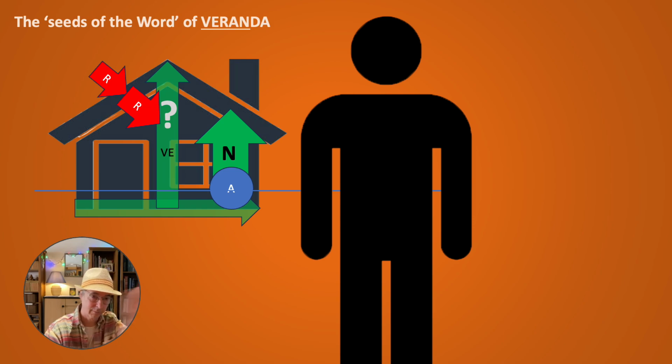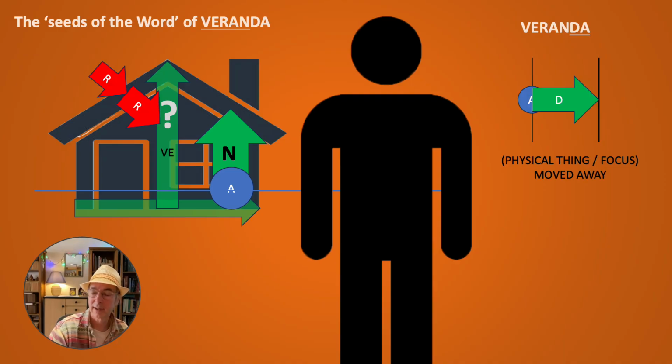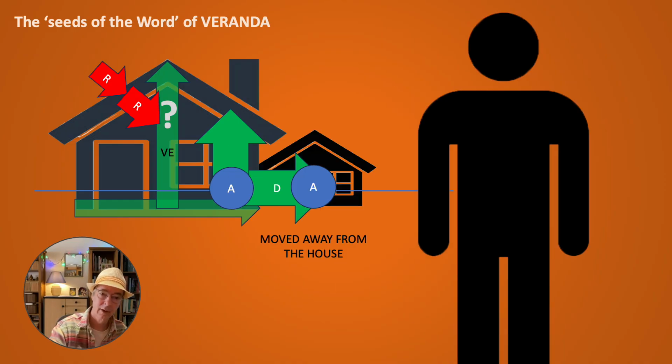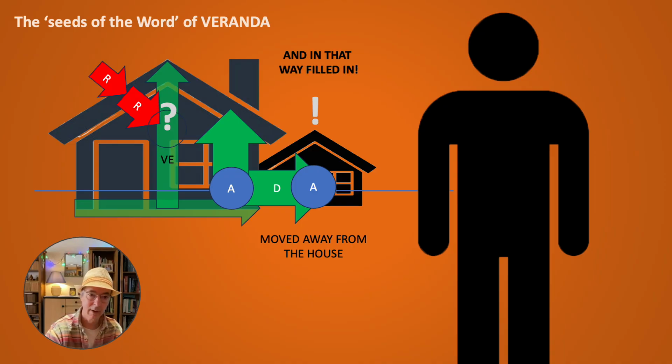First I will position myself well, so here I'm looking at veran and I'm going to add da. So what is da? I have used it before. I use it exactly as I used it before. It is about a physical thing or a physical position which you move away. So what shall I do? I use this point that I want to give it another destiny and I move it away from the house.